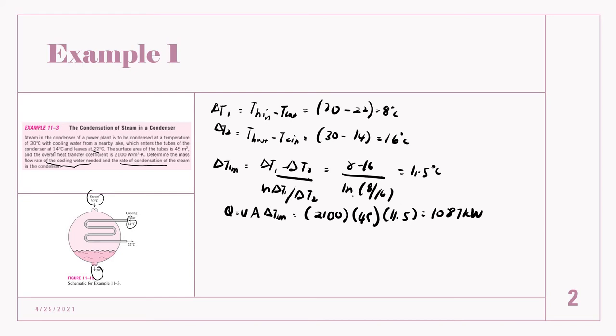Now we want to calculate the mass flow rate of the cooling water. We can use the heat balance formula, m Cp delta T. At first you need to get the properties of each of the fluids. Forgive me because I skipped that step before.